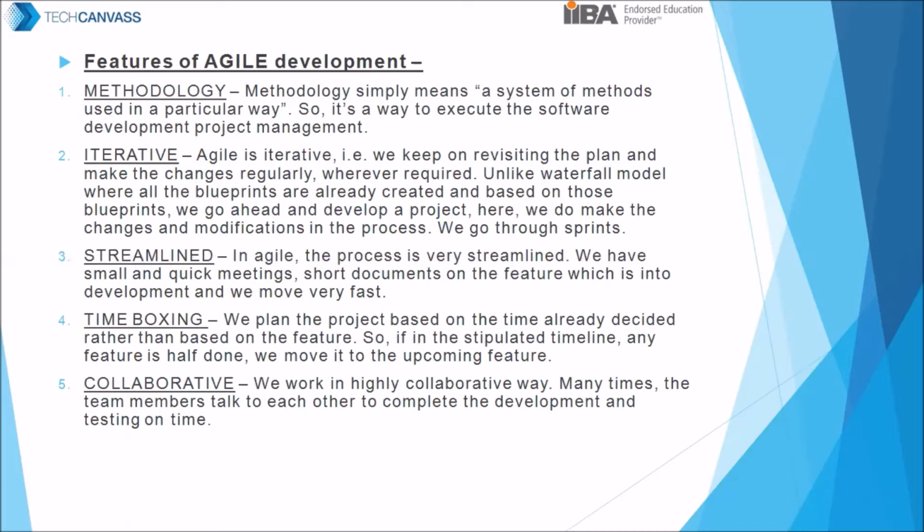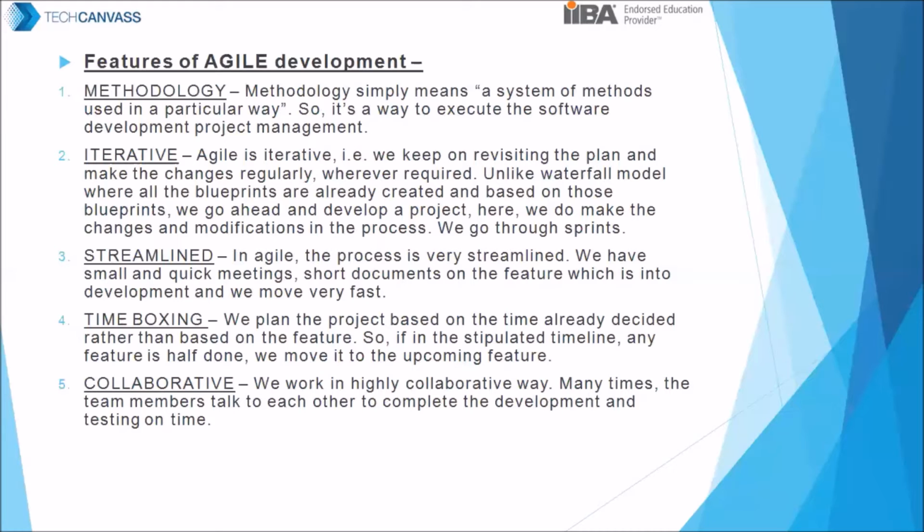The timeline is already decided by the product manager, who has their own backlogs wherein the features to be developed are documented. In Agile methodology, the releases are planned in a very short time. The release may happen in 2 weeks or 3 weeks.